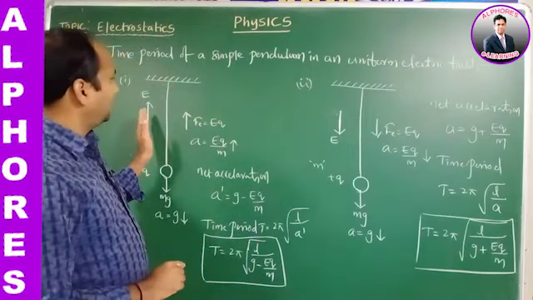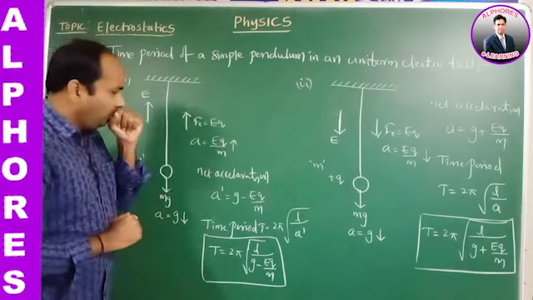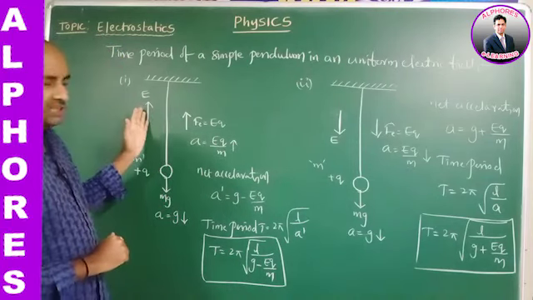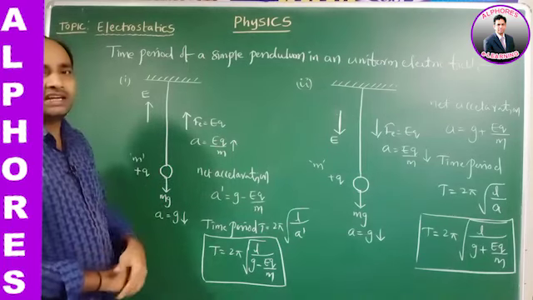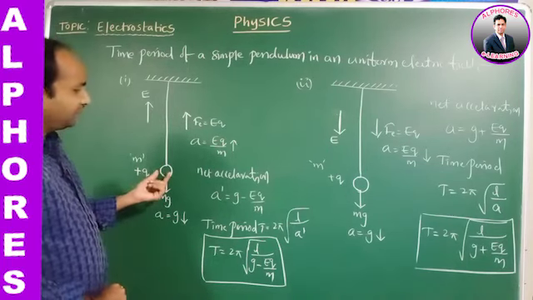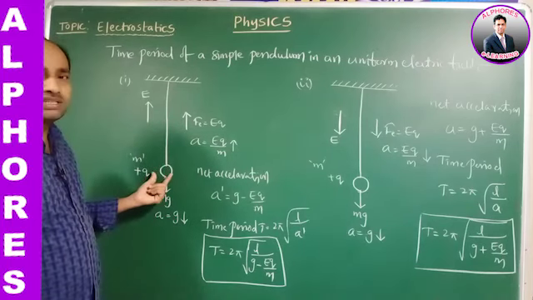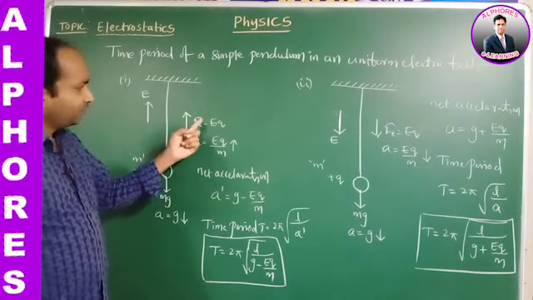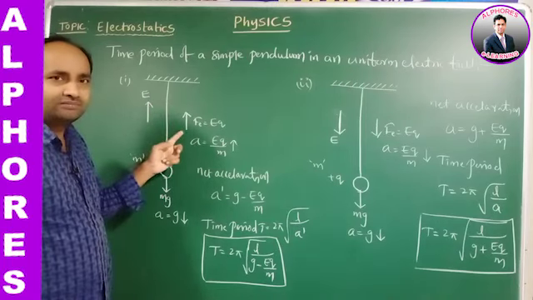See, here the electric field is upwards and a positive charge is given. Suppose instead of this positive charge, we take a negative charge. If it is negative, what happens? If the charge is negative, the direction of force is opposite to the electric field.